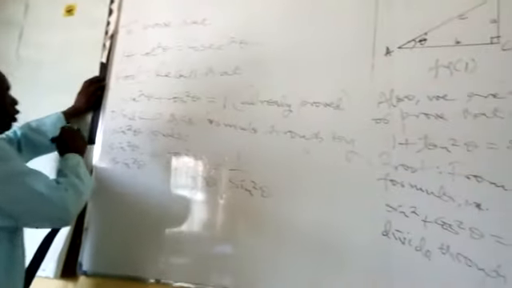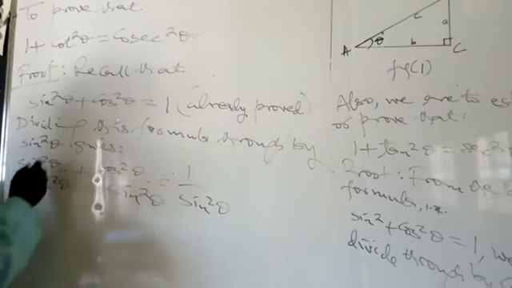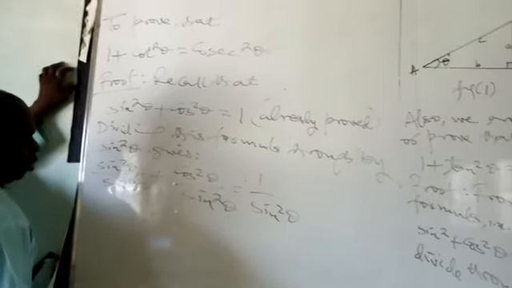That means dividing each and every term of this formula by sine square theta. Sine square theta over sine square theta, they cancel each other, and that will be 1.